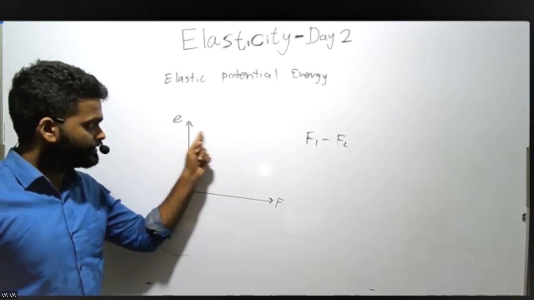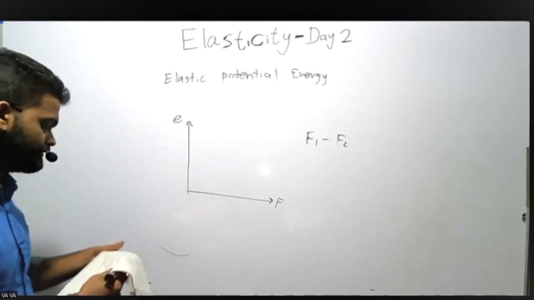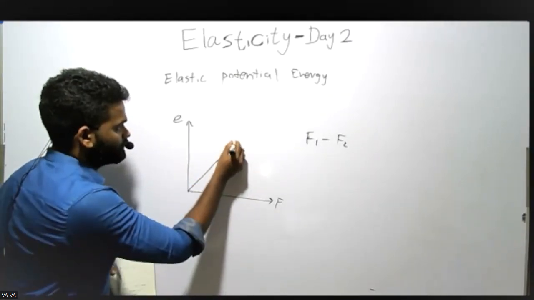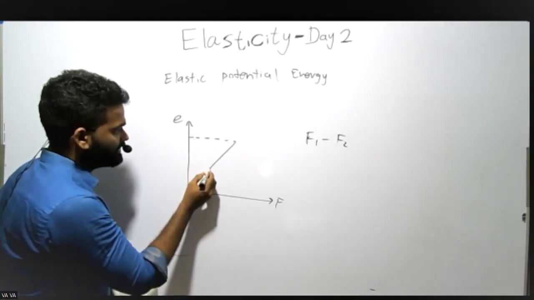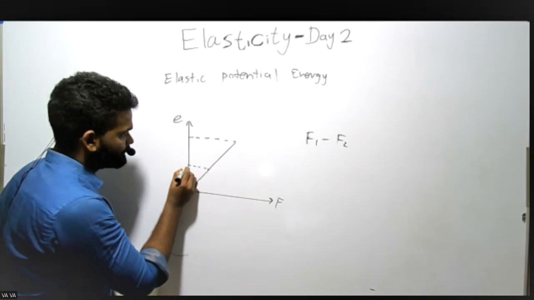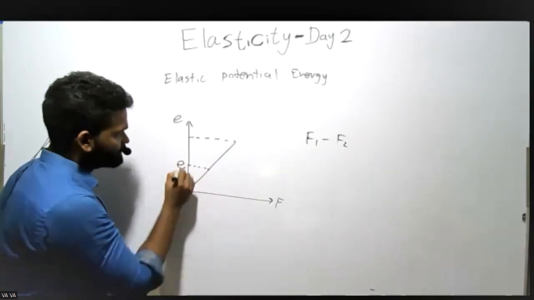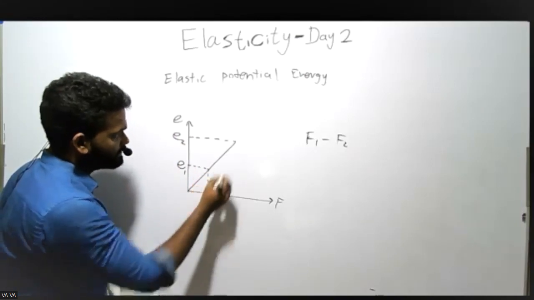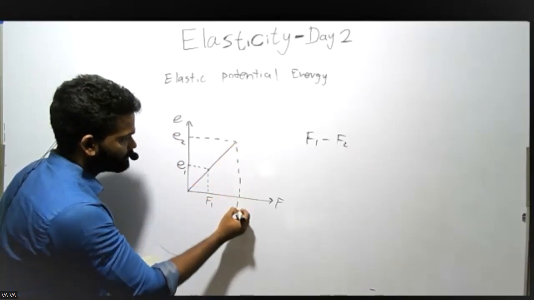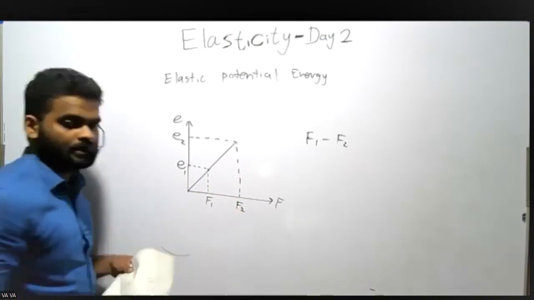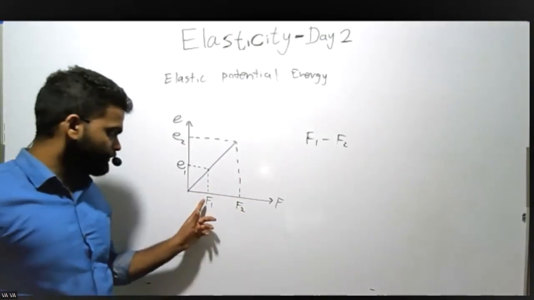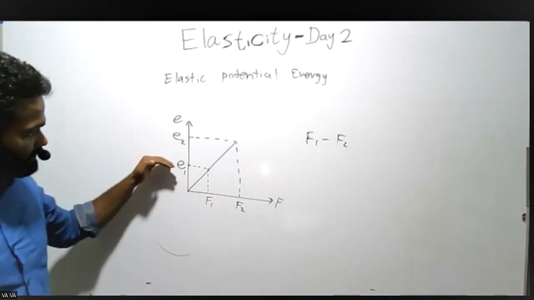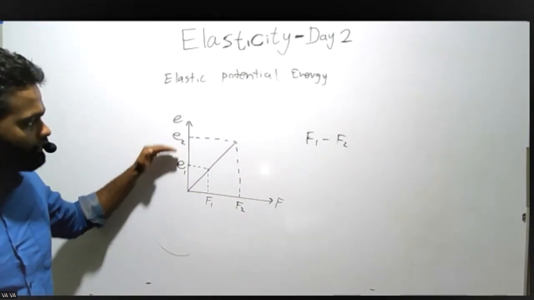It's always the E axis and the graph. So when you apply a force that increases from F1 to F2, the extension of the wire increases from E1 to E2.